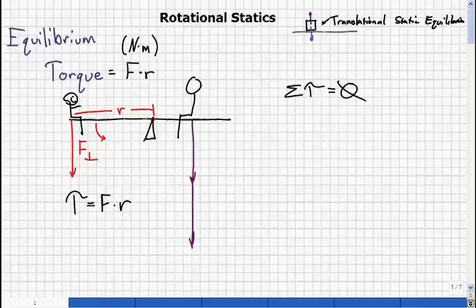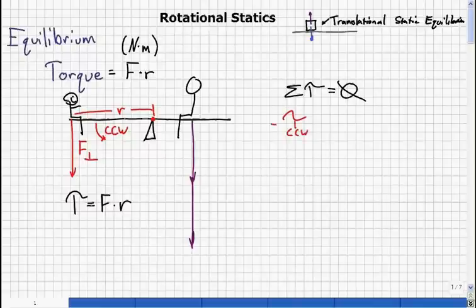So we might say that all of the torques that cause counterclockwise rotation, we might call them negative.